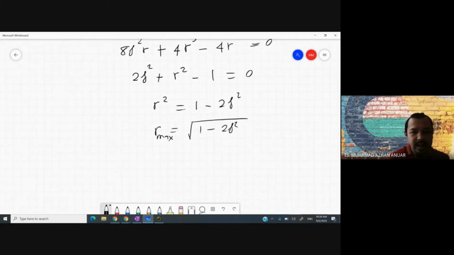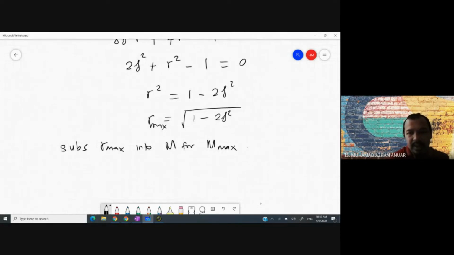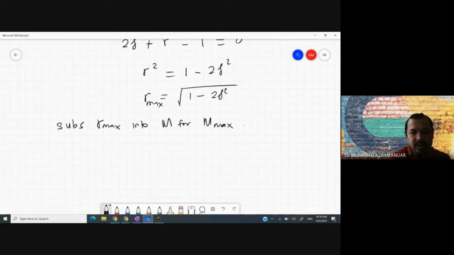And then if you substitute this r max into m for mx, we know that our m here is equal to 1 divided by bracket 1 minus, what is your r here?